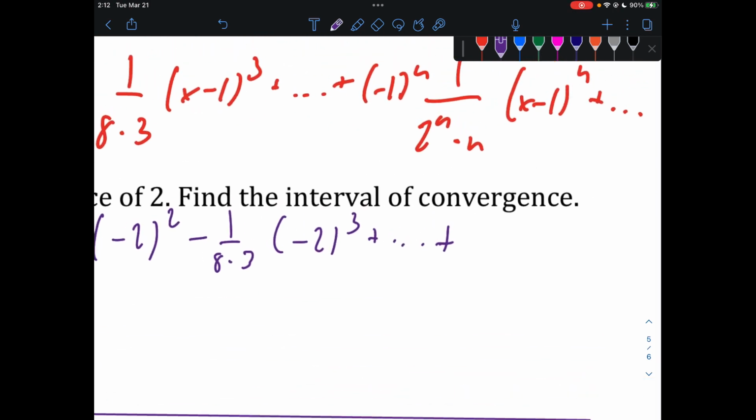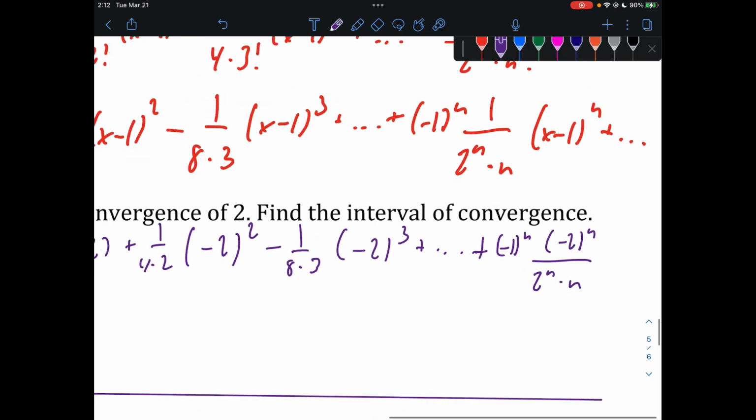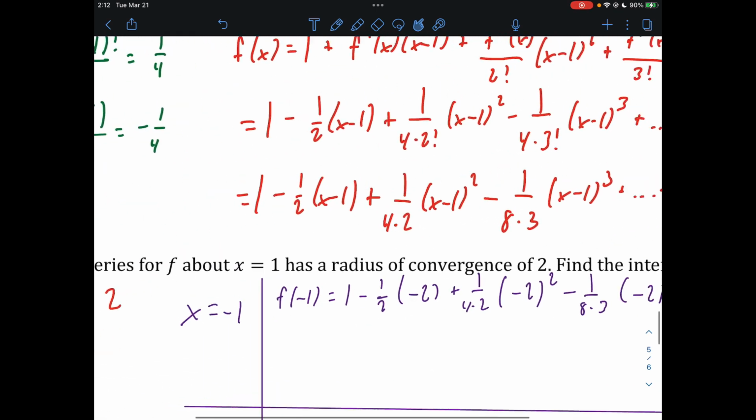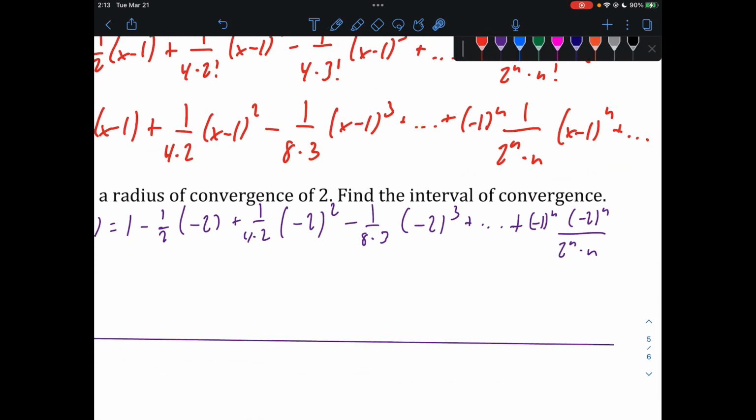So it would be negative 1 to the n times negative 2 to the n over 2 to the n times n. I'm using the second one here. Like I said, I think this one's a lot easier to use than the first one. That's just me.